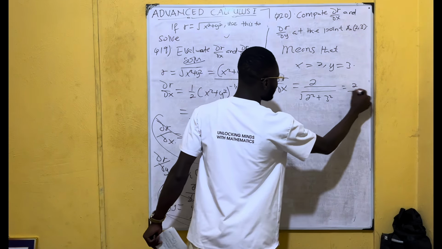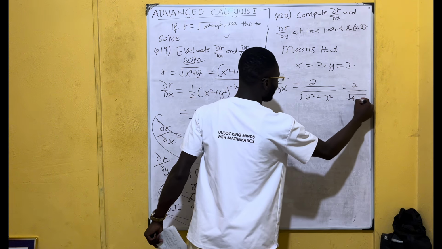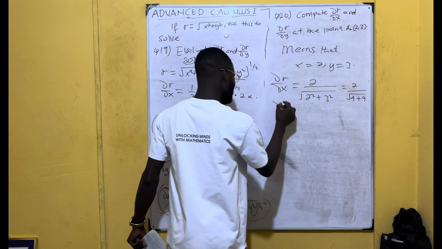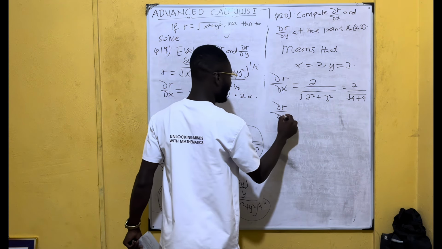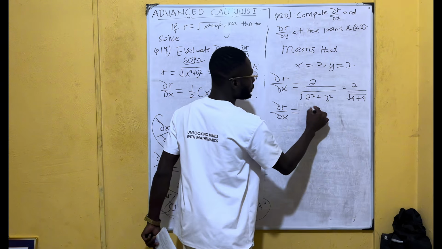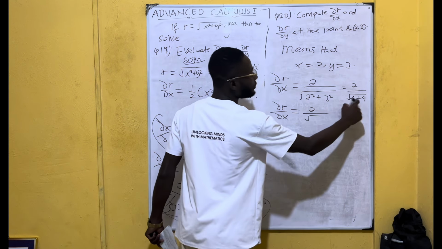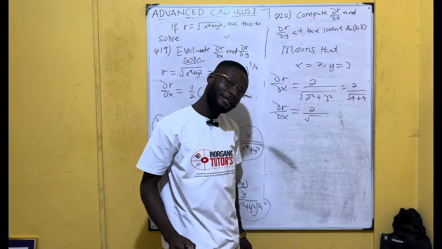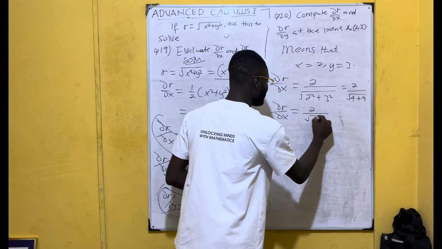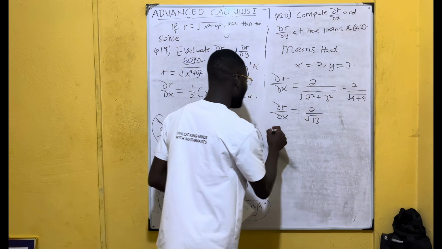And that will give us 2 over the square root of 4 plus 9. So the partial with respect to x will give us 2 over the square root of 13, right?